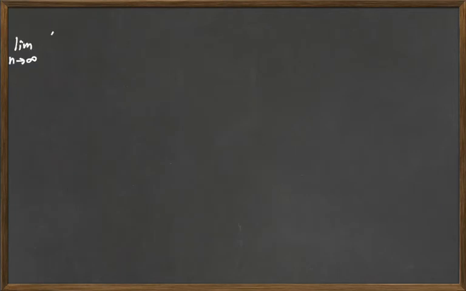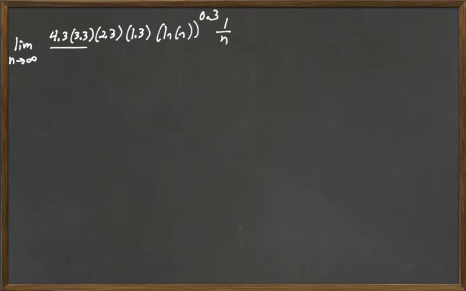Okay, so the limit as n goes to infinity, 4.3 times 3.3 times 2.3 times 1.3, natural log of n, that quantity, to the 0.3 times 1 over n by the chain rule, divided by 0.3 cubed times 0.3 n to the negative 0.7.